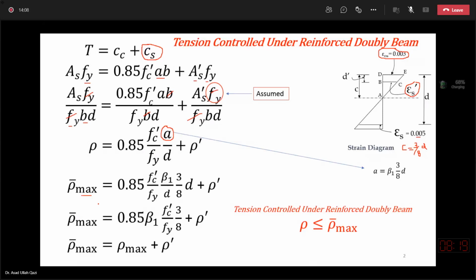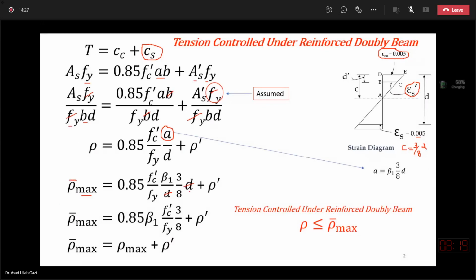In order to differentiate it from the singly beam, I will put a bar on top of it. So this bar will tell us that we are actually talking about a doubly beam. When I substitute A over here and rearrange my terms, I will get cancellation of d.